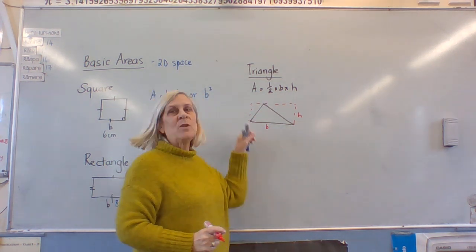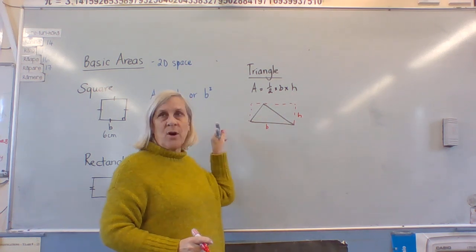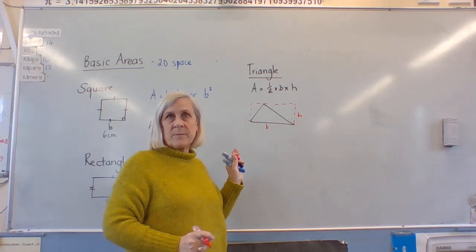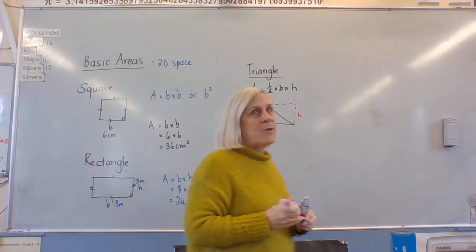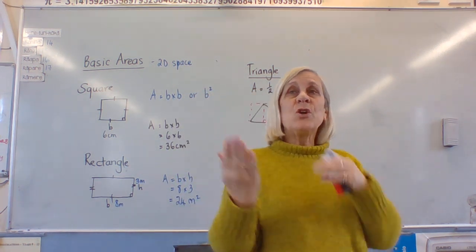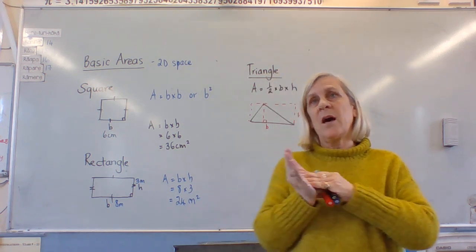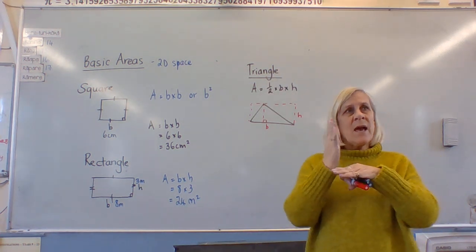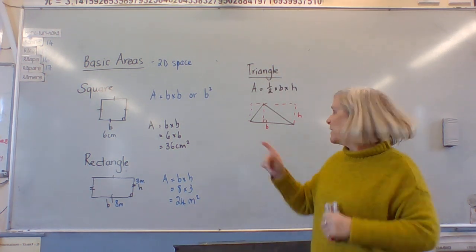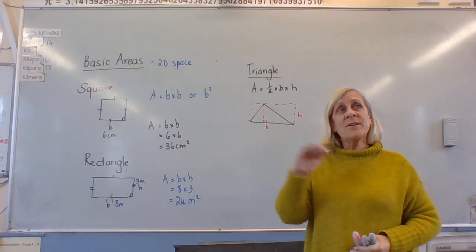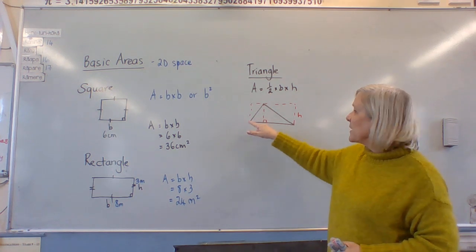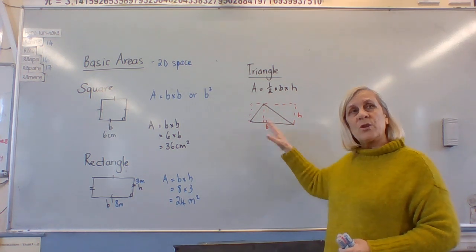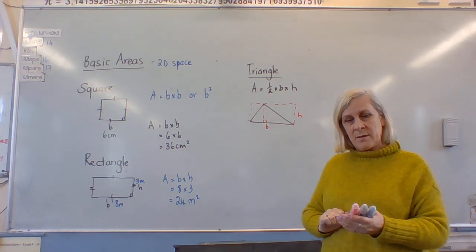That triangle will be a half of the area of that rectangle. And the height of that rectangle will always be at a right angle. So the two dimensions we use, the base and the height, always need to be at a right angle. If they're not, if I was given this side here, I'd ignore it. Like yesterday with perimeter, you were ignoring the one in the middle. This time I would ignore that one because I only want the two lengths that are perpendicular.